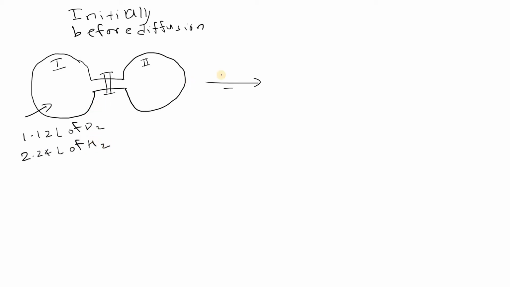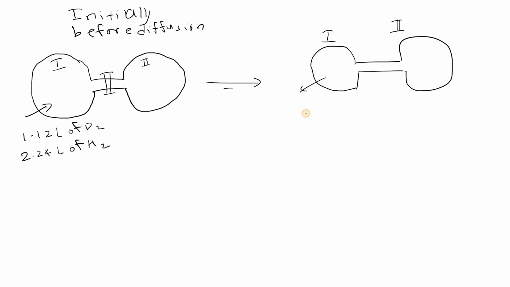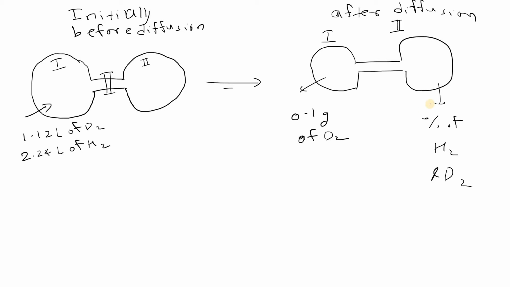Now this stopcock is opened for some time, and then after diffusion, it is found that in the first bulb the amount of D2 left is 0.1 grams. So we are asked to find the percentage of H2 and D2 in the second bulb.